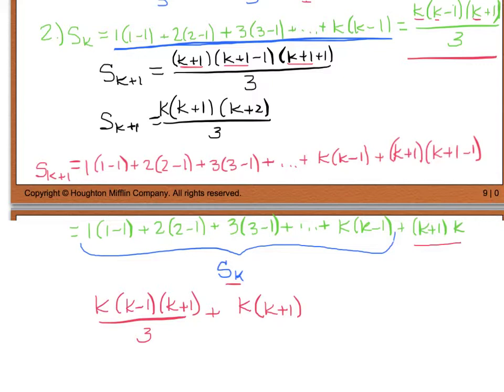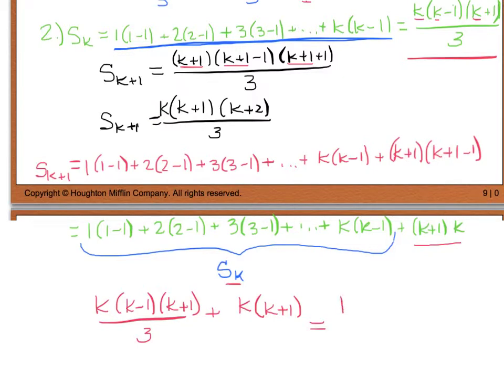Now I'm at the point where I have to prove that this is really equal to the original right-hand side of the equation with the k plus 1 substituted in, or k times (k plus 1) times (k plus 2) divided by 3. So I'm going to set those equal to each other right now.